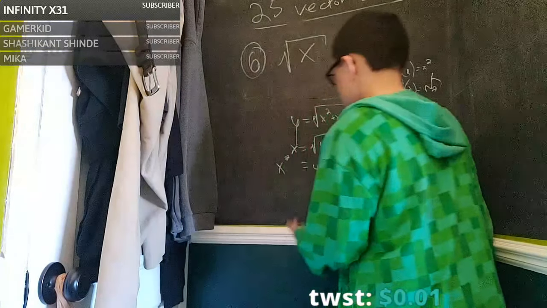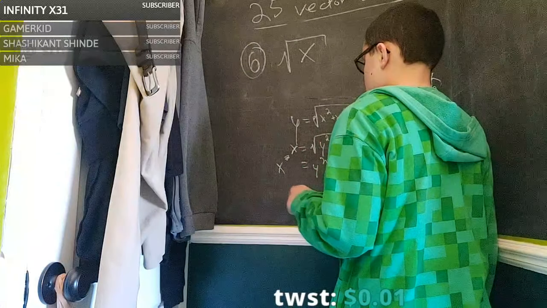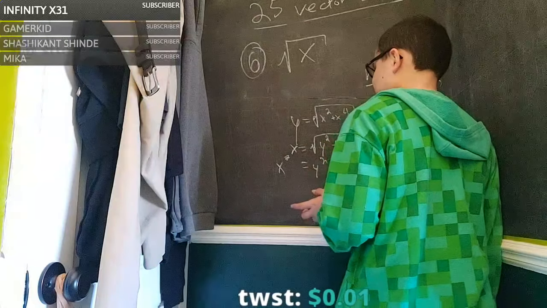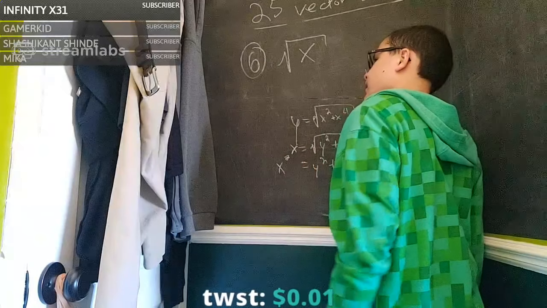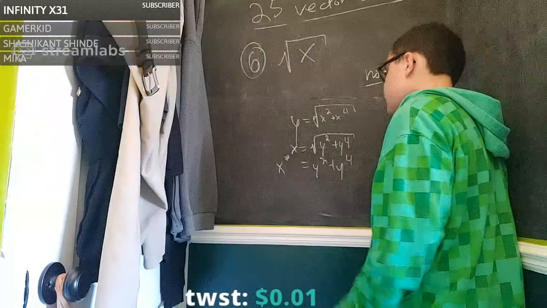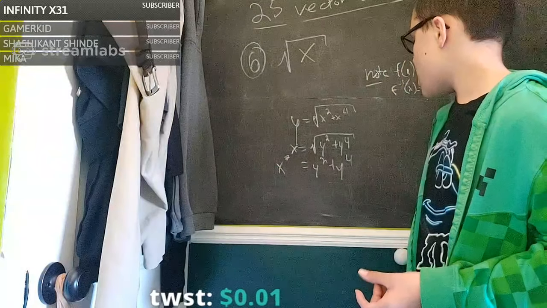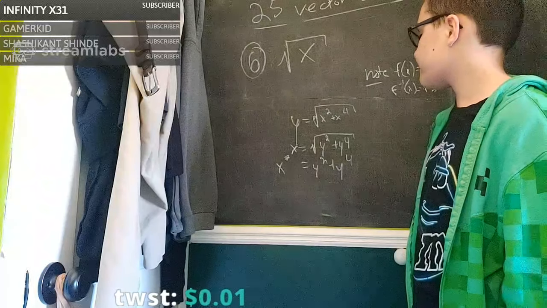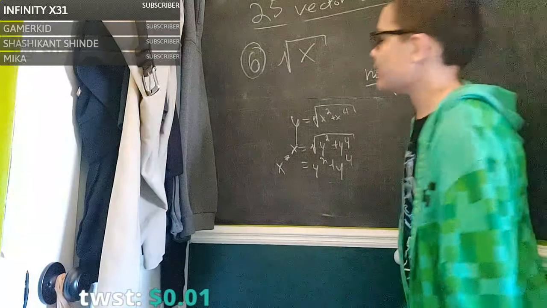Now I'm supposed to isolate y, right? I'm supposed to have y on only one of the sides. So let's divide both sides by x. I don't know.